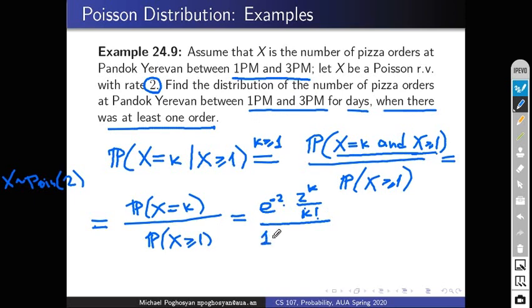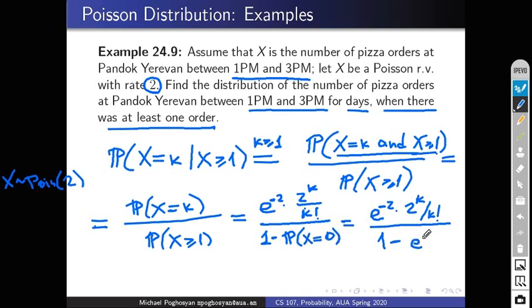By passing to the complement, this is 1 minus the probability that X is less than 1, and the only possibility is when X is 0. This gives e to the minus 2 times 2 to the K over K factorial, divided by 1 minus e to the minus 2, the probability that X is equal to 0.